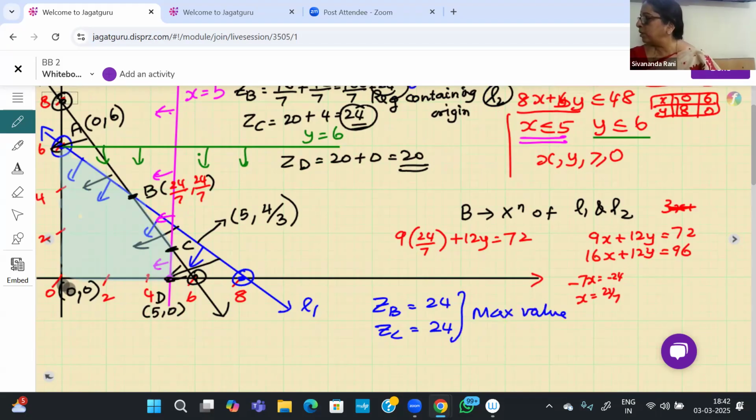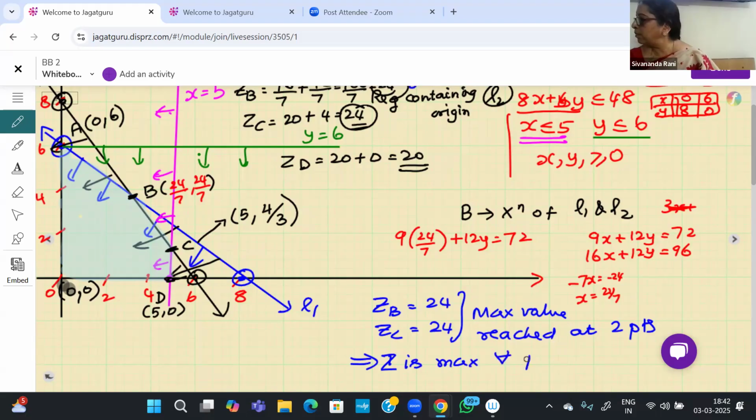Maximum value reached at 2 points. So the implication is that Z is maximized for all points in between B and C as well. Therefore, there are infinitely many points at which Z is maximal. Are you all clear?